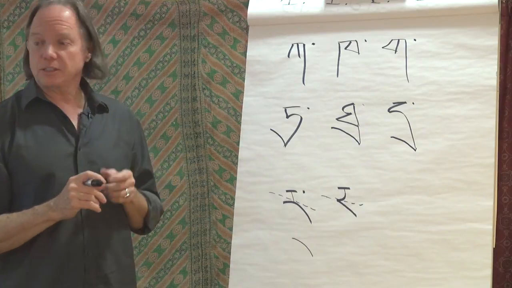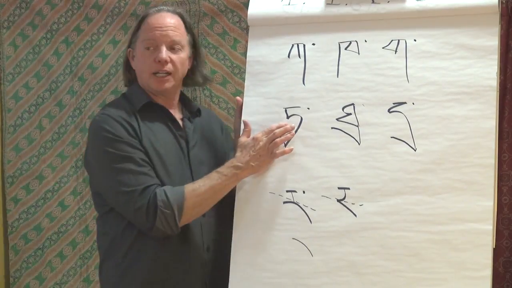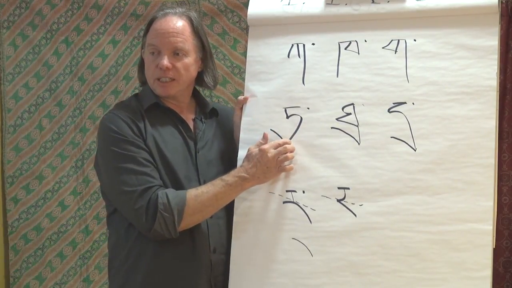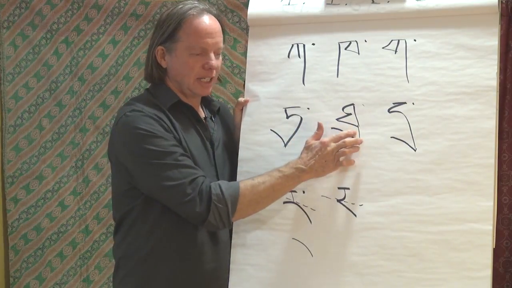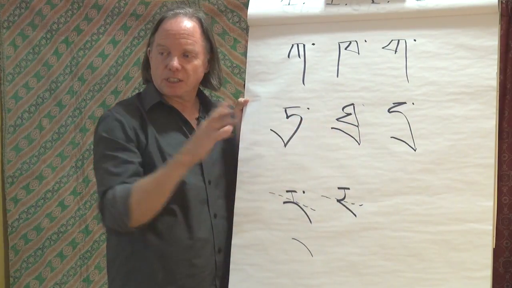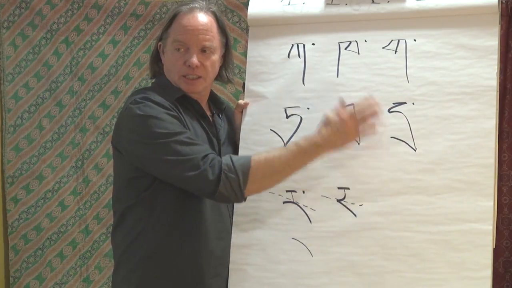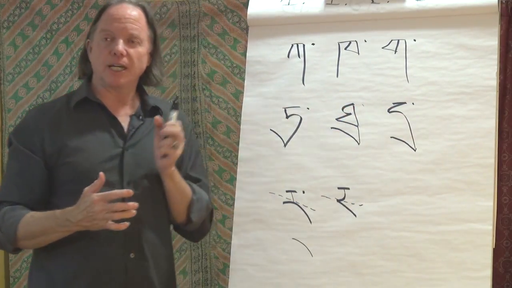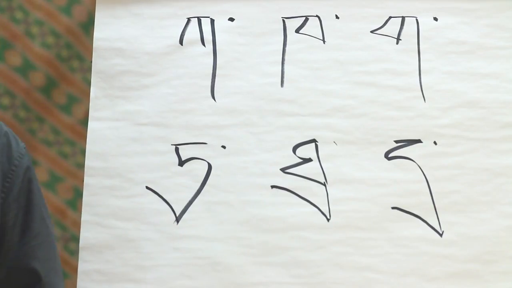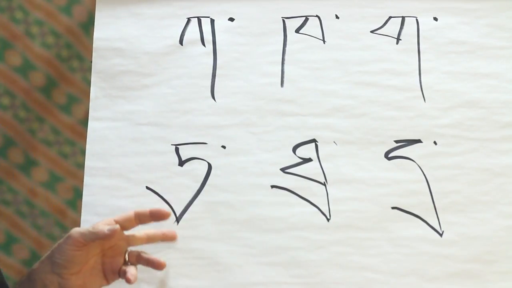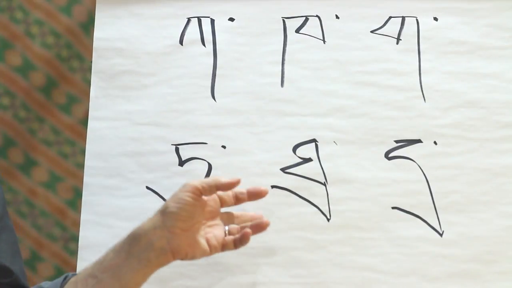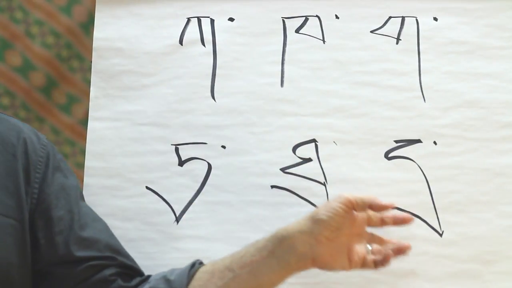So let's read these three letters together. Say ta, ratak, ta, ratak. Tak means joined on the bottom. And then ta, ratak. Now the way you pronounce these is very interesting. The transcription is T-R-A, T-H-R-A, D-R-A.